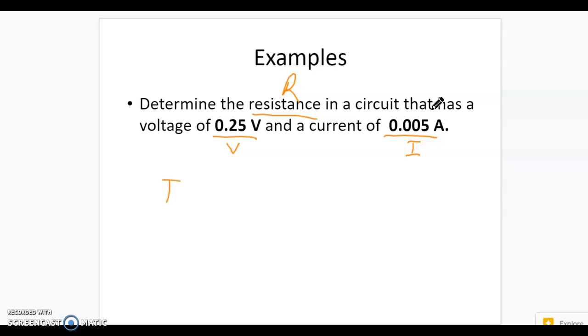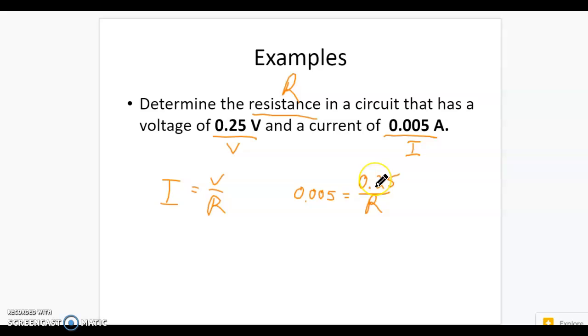So there's the stuff that I know and don't know. I use an equation that relates all that stuff together. This I equals V over R. I put things in where they belong, like that 0.005 amps, that goes in place of the I for the current. The resistance I am solving for on the bottom, and the 0.25, that's the voltage up on top.